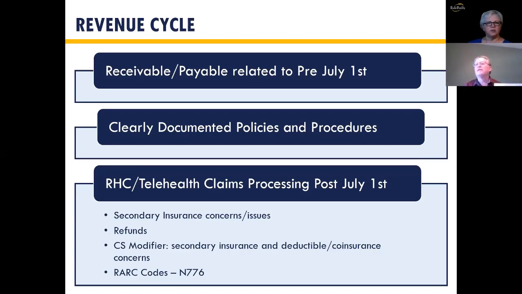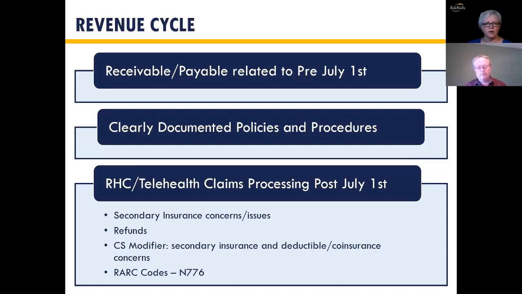And then the things that we talked about, expect that you're going to have some secondary insurance issues with all these reprocessed claims for not only telemedicine visits, but anything that you're billing as the virtual communication services under the 0071. Those CS modifier claims where they should have waived the deductible and coinsurance, but they didn't, and the secondary went through.